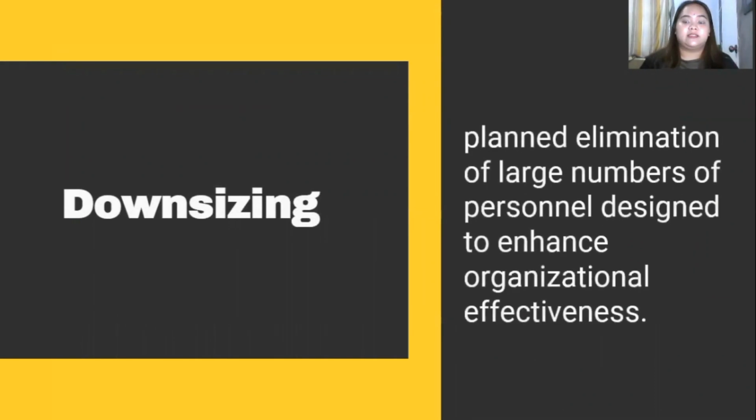Downsizing is the planned elimination of large numbers of personnel designed to enhance organizational effectiveness. It is a permanent reduction of the labor force through terminating unproductive workers. So it is usually associated with failing businesses.